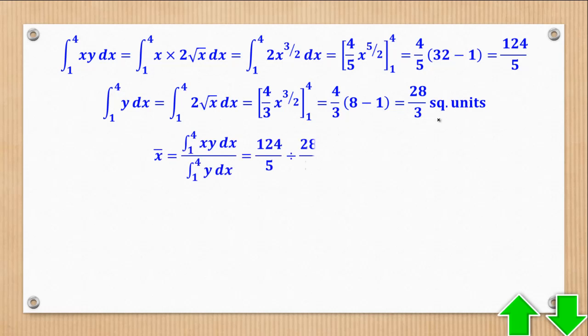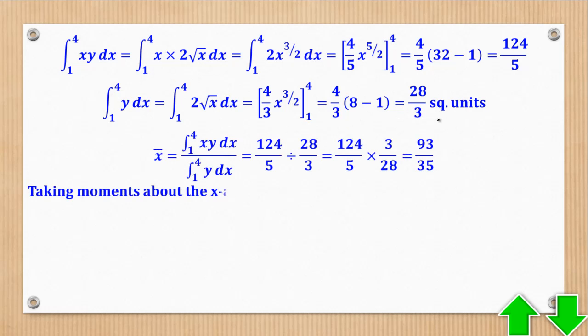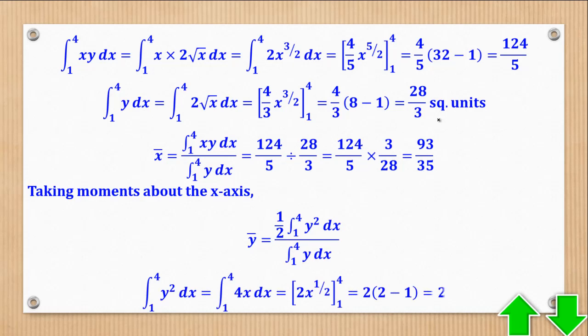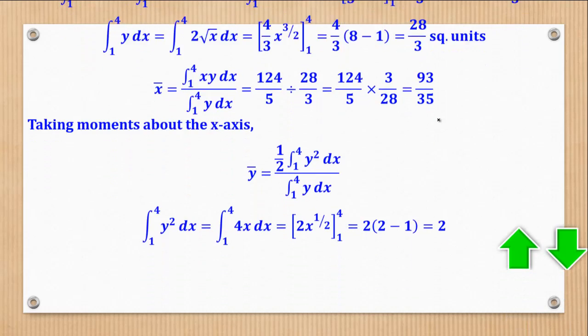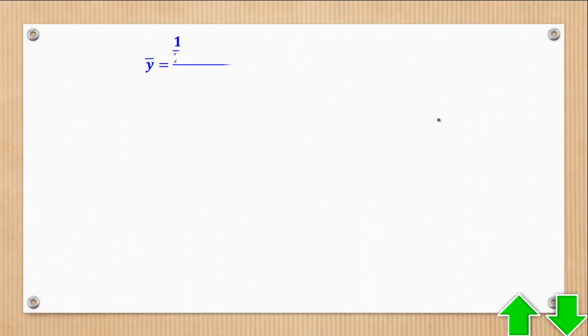Then you can code the formula for x bar, substitute, and get the answer they want. That was x bar. What about y bar? Y bar, still I'll code the formula, then deal with each bit by bit, numerator alone and denominator alone.